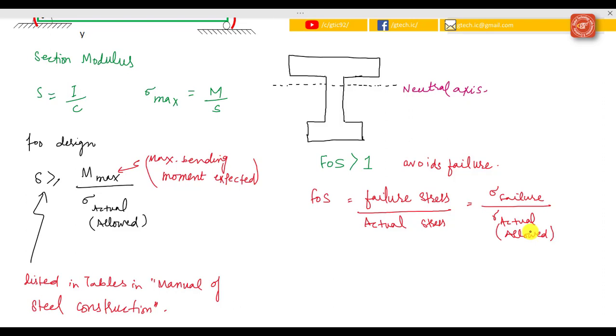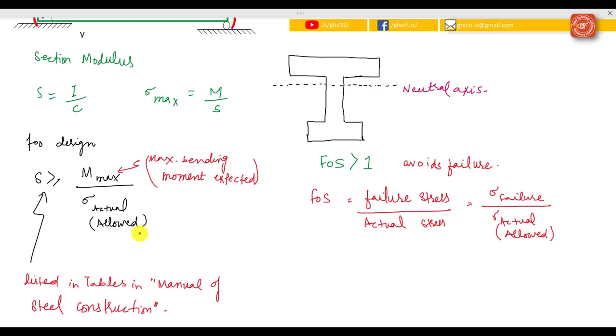We take that actual allowed stress and substitute it here, and we can determine the maximum bending moment expected from our shear force and bending moment diagram, and we can design or find a cross section that has a section modulus that's large enough to accept the load.